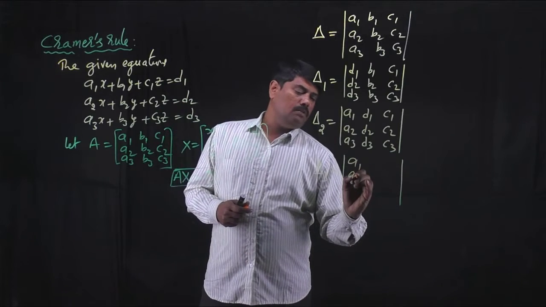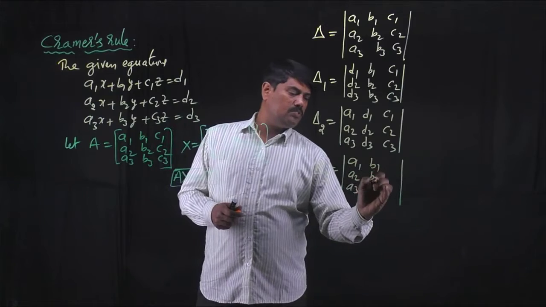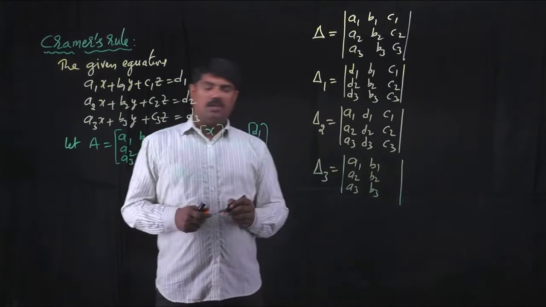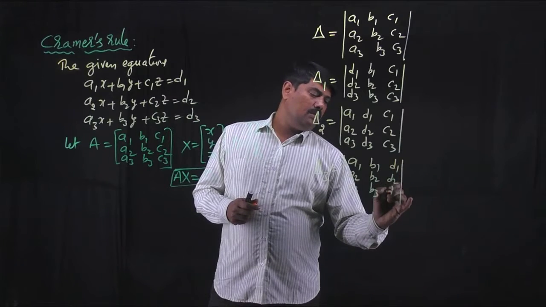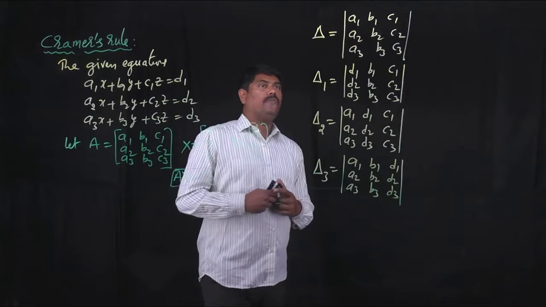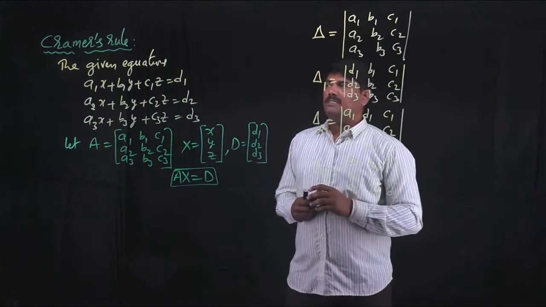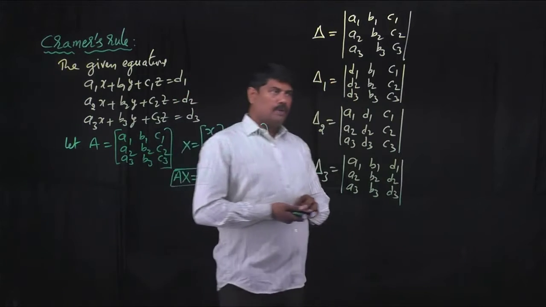So the first column is the same as in the coefficient matrix, the second column is also the same. Here the third column of the coefficient matrix is replaced by the constant matrix d1, d2, d3. So you have to find four determinants in Cramer's rule to solve the equations.